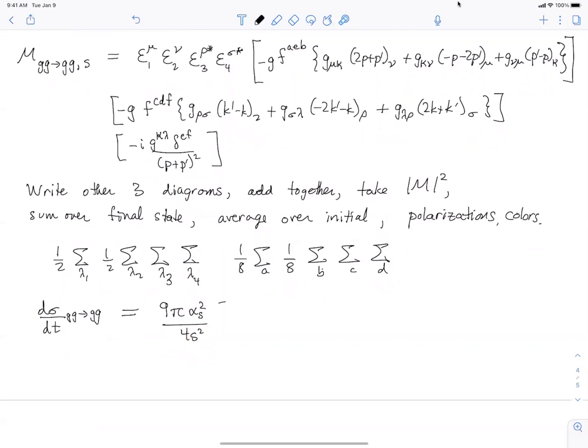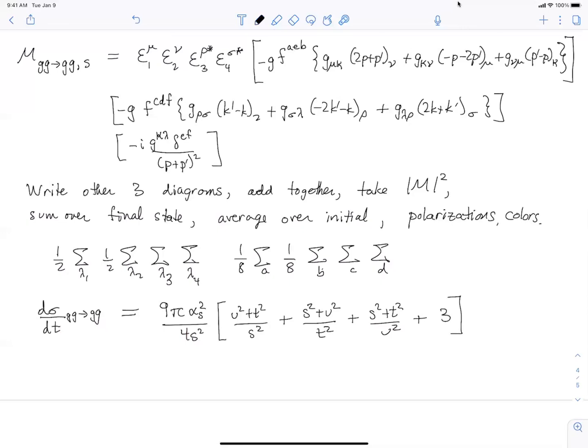Okay, and then the rest of the expression looks like this: u squared plus t squared over s squared plus s squared plus u squared over t squared plus s squared plus t squared over u squared plus 3.